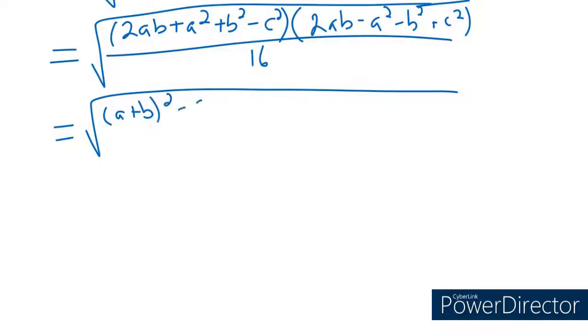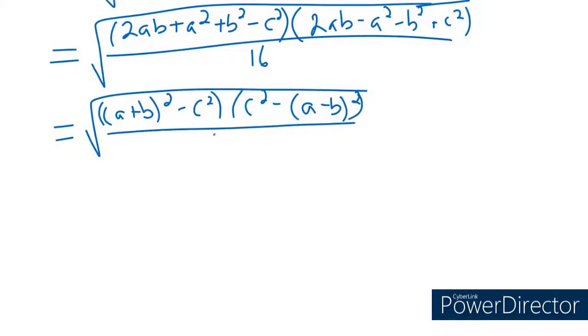We have c squared minus a minus b squared. Here, that would be because the a squared and b squared are negative, so we first need to put a negative sign in front to make this statement true.